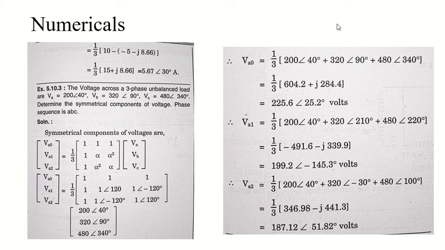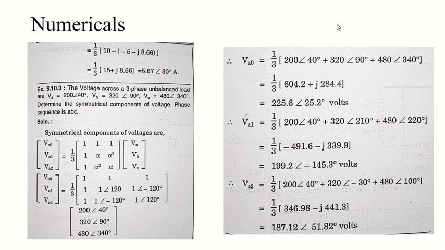Same thing you have to do for VA1 as well. Whenever you do multiplication, you convert that polar form to rectangular, then add it, and after adding, you again convert that rectangular form into polar form. It's not actually necessary though. If you want to keep it that way, you can.